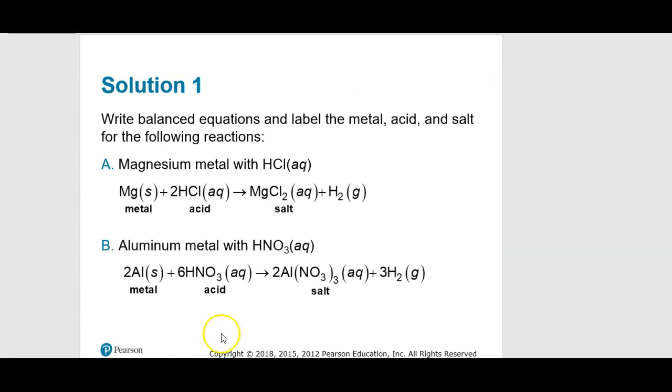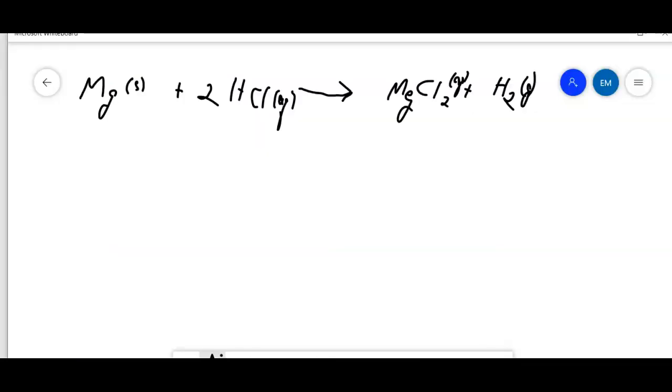Aluminum metal with nitric acid, let's take a look at that without the coefficients, just for some practice at balancing. It's probably a good thing to do. We have aluminum plus nitric acid, HNO3, and that's going to give us aluminum nitrate.